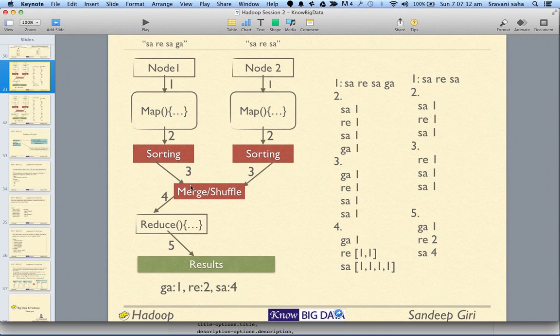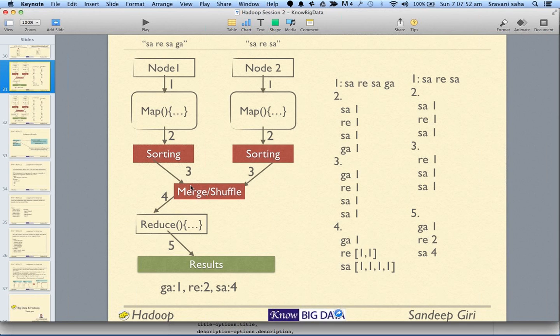So basically, in the MapReduce paradigm, or in the case of Hadoop MapReduce, we write two functions. One is a mapper, the other is a reducer. Mapper is run on each of the nodes where your data is lying. Say you have a huge file spread across 100 computers, each one holding a small block of your file.